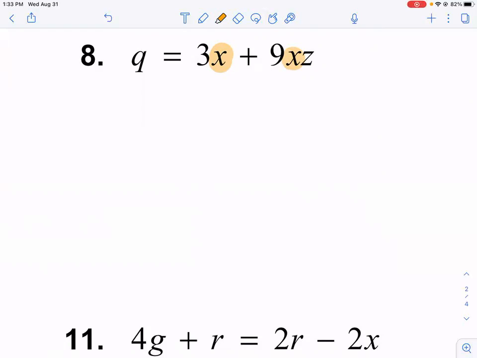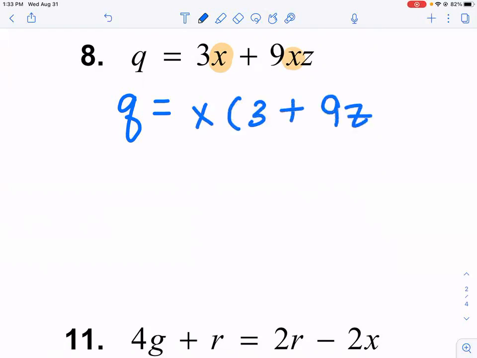I have 2 X's. Oh my goodness. What am I gonna do? Watch. Watch. I'm going to undistribute. Yes. Great. X times 3 is 3x, and x times 9z is 9xz.